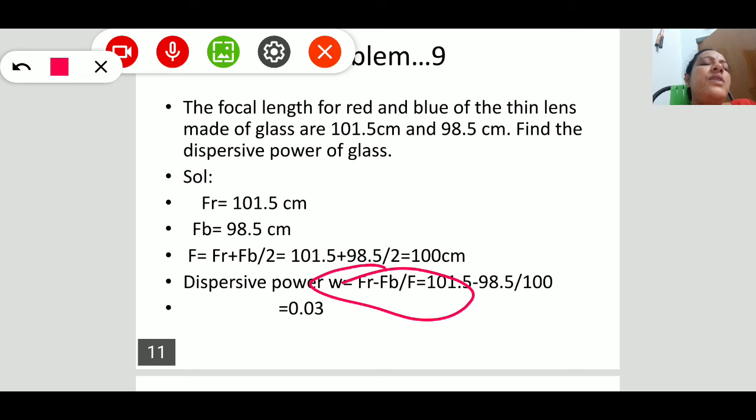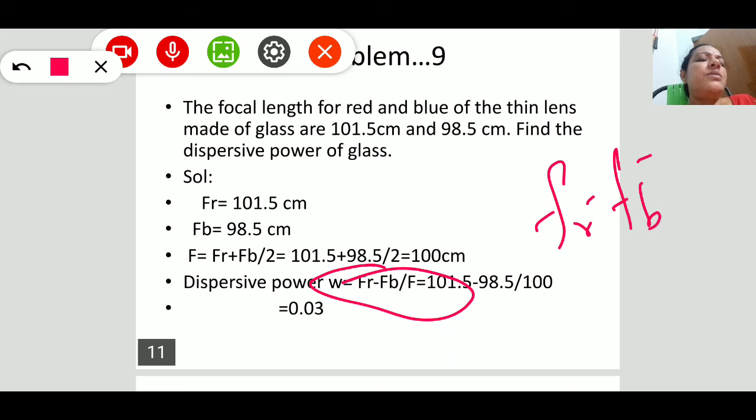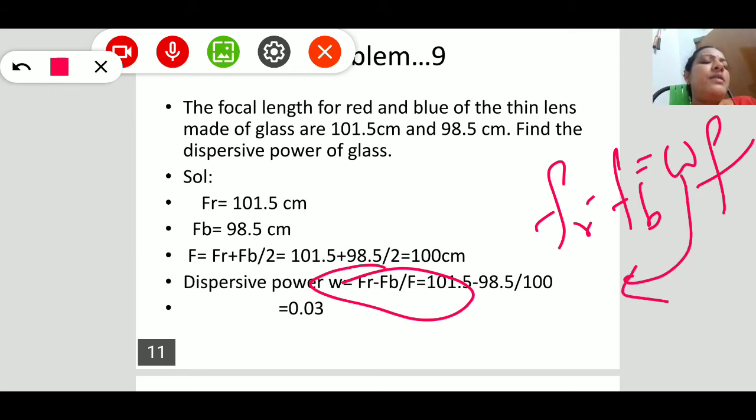Omega is fr minus fb, chromatic aberration is equal to the product of omega and f. Here they are asking about omega, that is dispersive power, which can be written as fr minus fb by f. Here fr is given, fb also, it means the focal length of red color rays and the focal length of blue color rays are given.